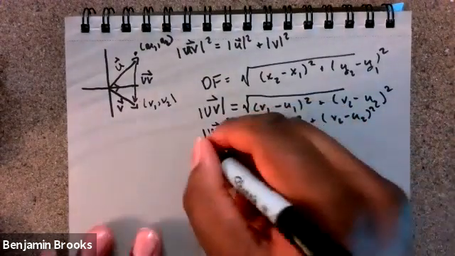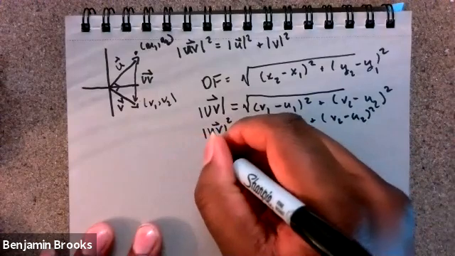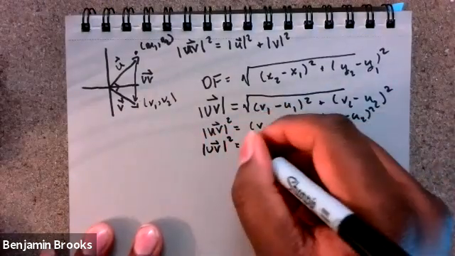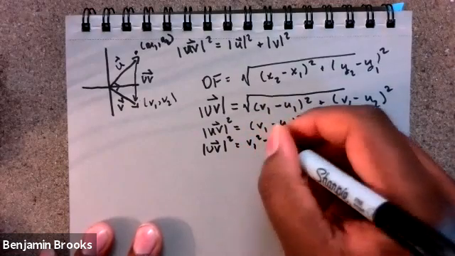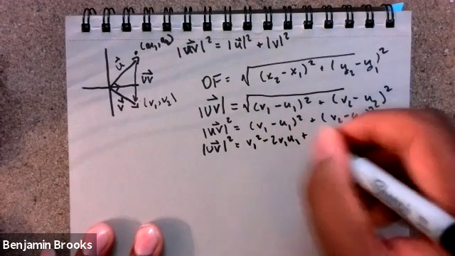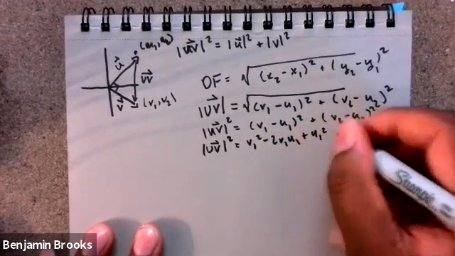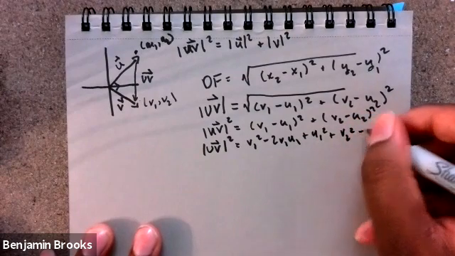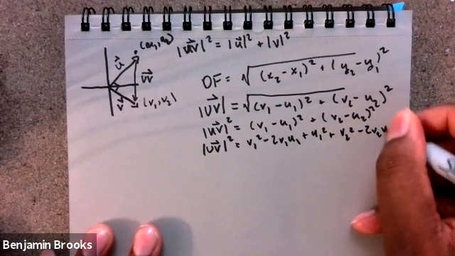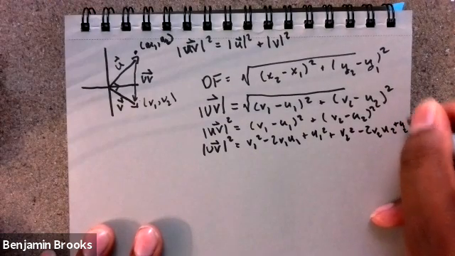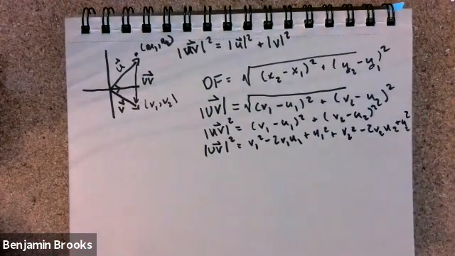If I FOIL it out, that gives me UV squared equals v1 squared minus 2 v1 u1 plus u1 squared plus v2 squared minus 2 v2 u2 plus u2 squared. All right, and that's just FOILing it out, right?